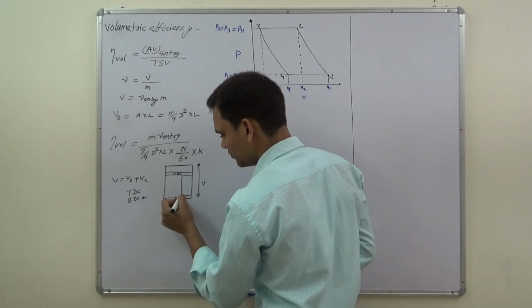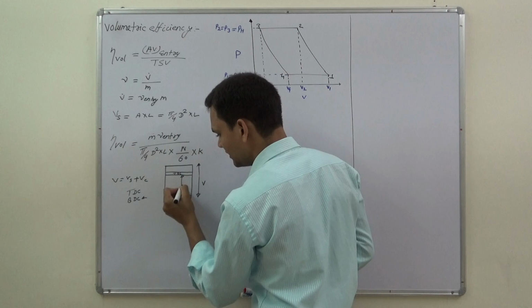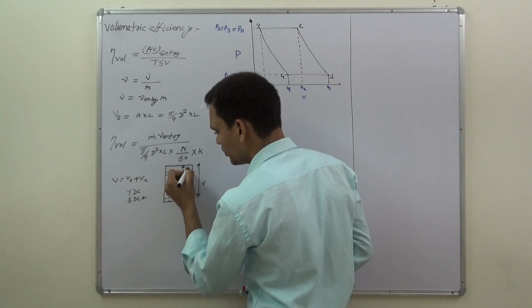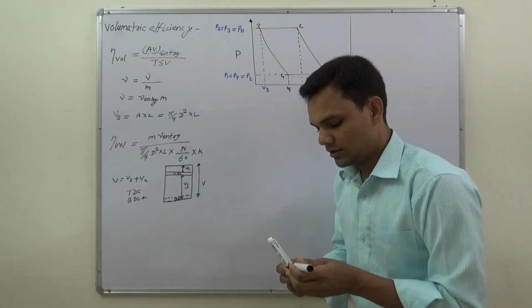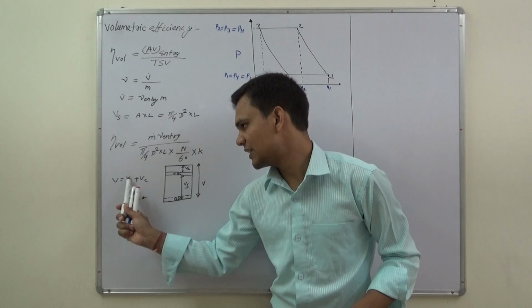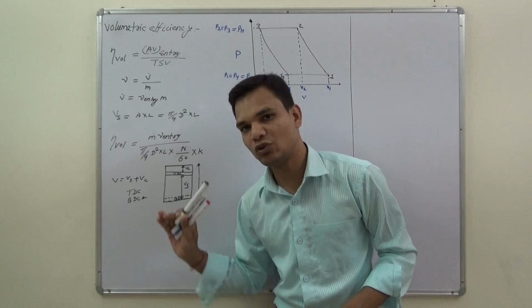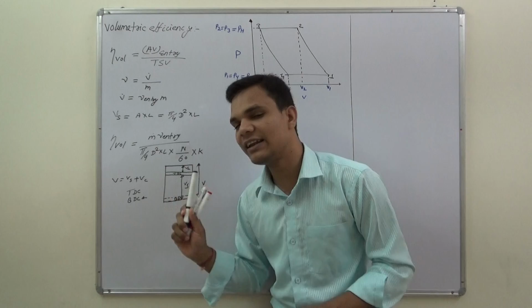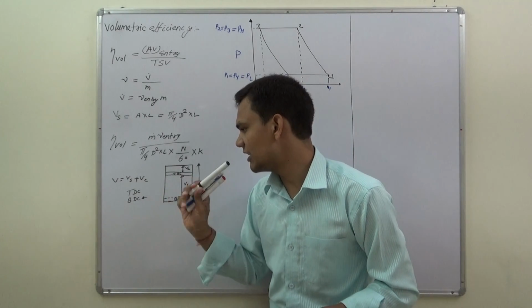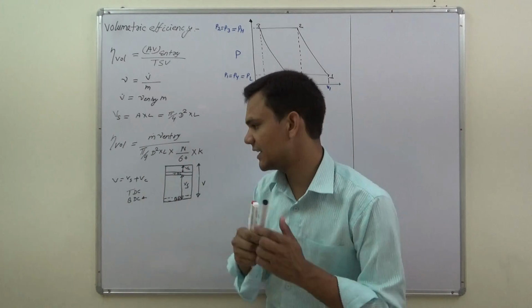So this volume swept by the piston will be equal to swept volume, and the remaining volume will be equal to clearance volume. Complete volume is equal to clearance volume plus swept volume. The volume swept by the piston is called swept volume, and the remaining volume after the piston reaches top dead center is called clearance volume.